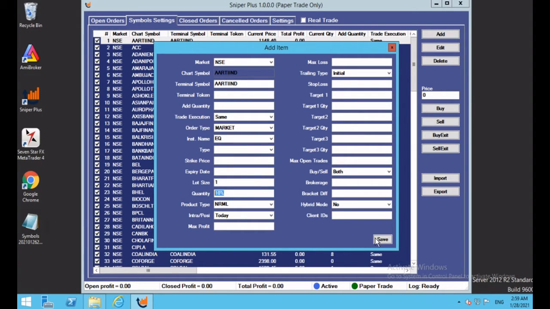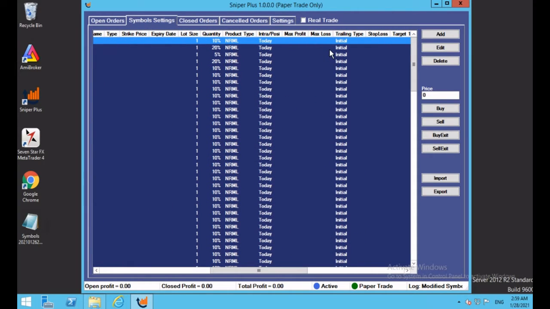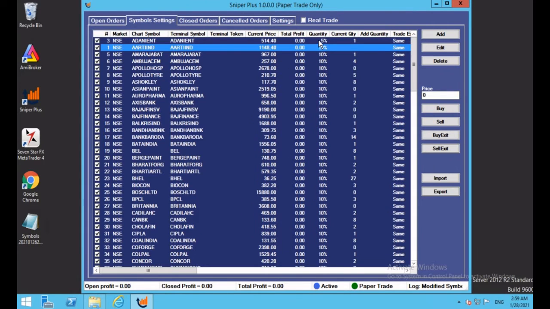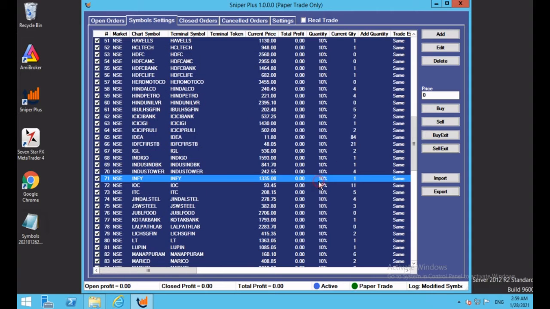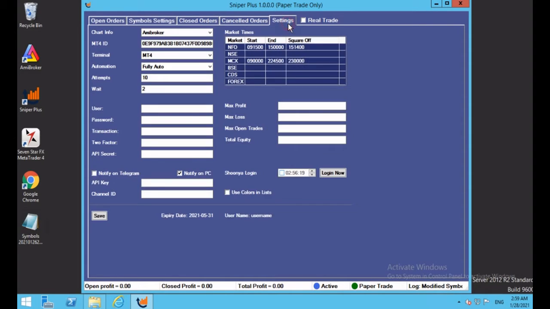Here we can see quantity like 10, 25%, but in most scripts it is 10% only.